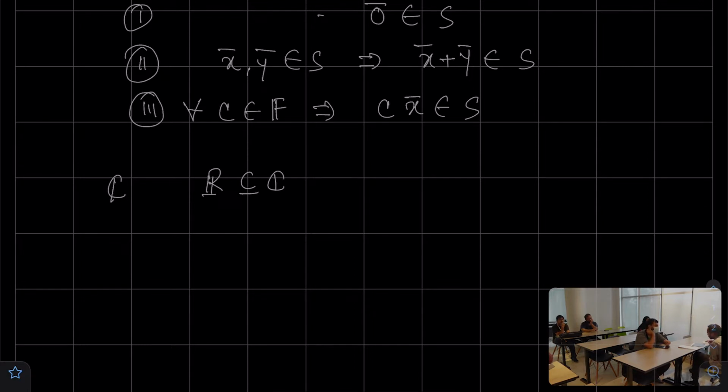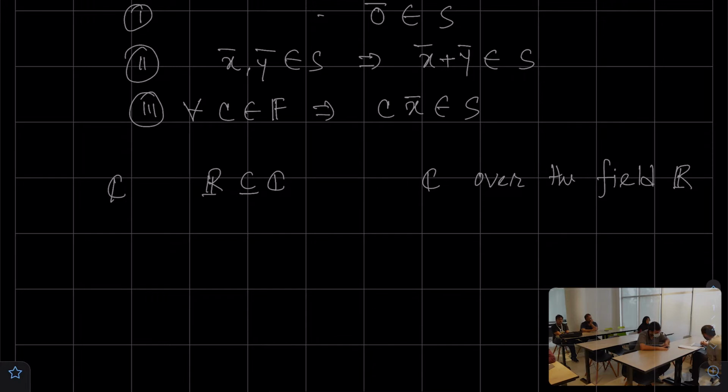So you have to consider the original vector space C over the field R, because if you don't consider R, then there is a problem.